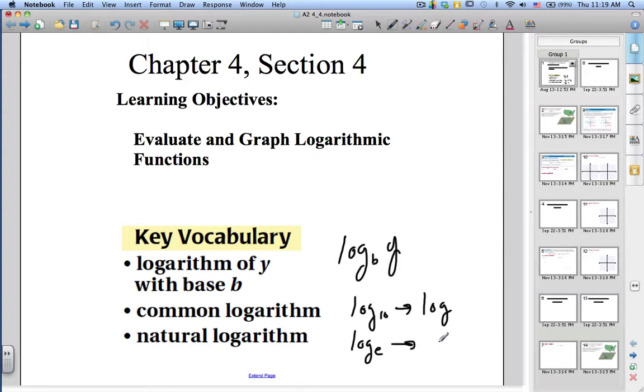So we learned about Euler's number, and now we're talking about a logarithm with a base of Euler's number, and that's abbreviated as ln. So common logarithm and natural logarithm are on your calculators, on all the TIs, typically on most calculators, because they're the most commonly used. So just remember, a common logarithm is base 10, and a natural logarithm is base e.